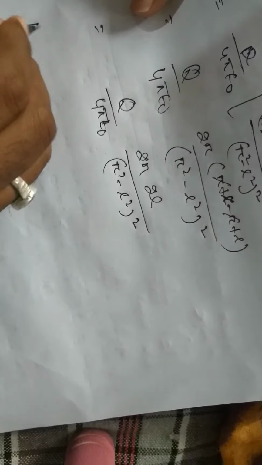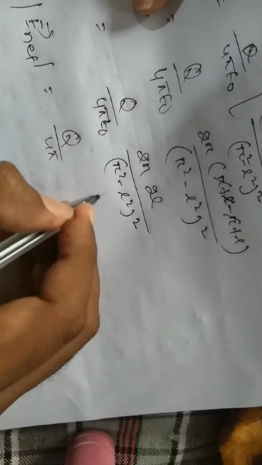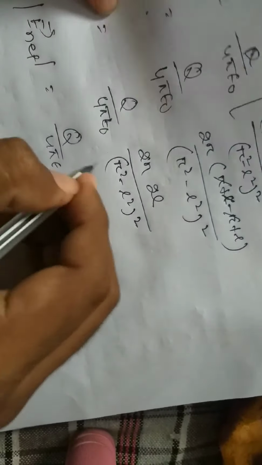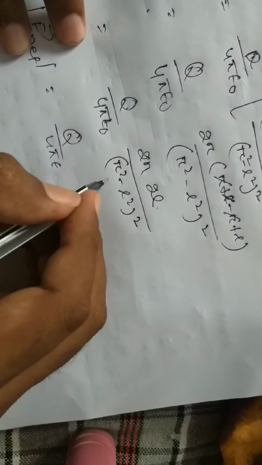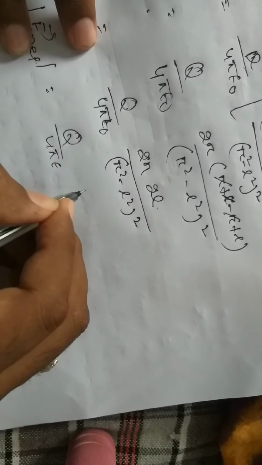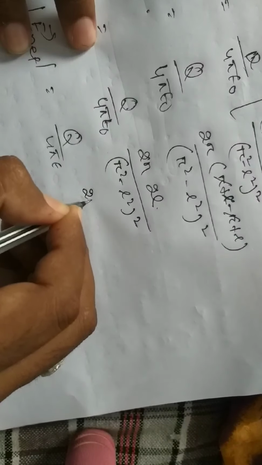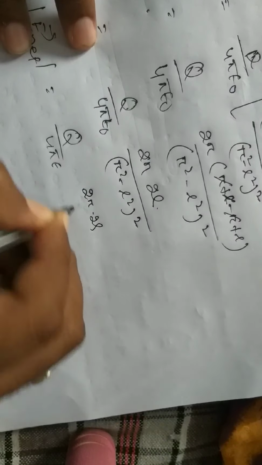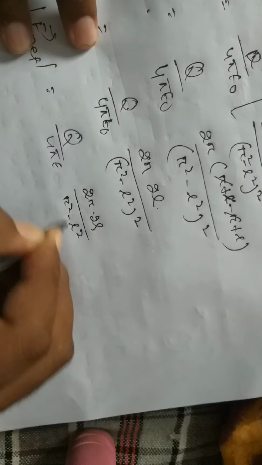So your net electric field equals q by 4 pi epsilon 0, q into 2L, that is 2lq means p, the electric dipole moment. So it is represented as 2r into 2L over r square minus L square whole square.